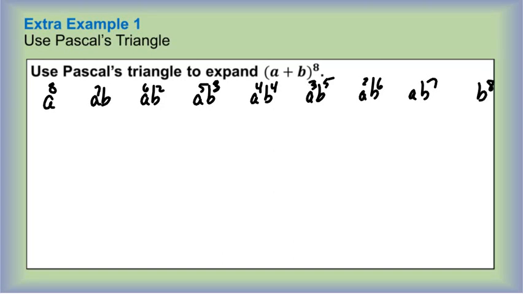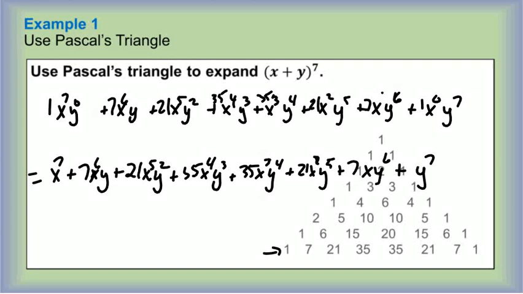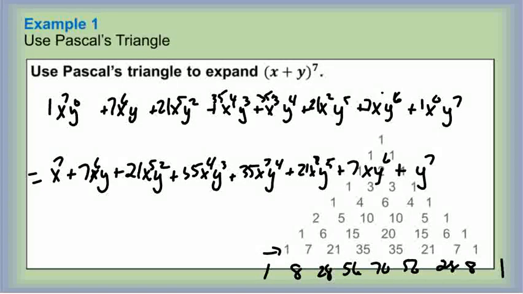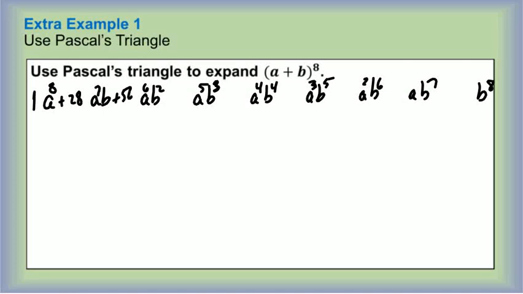Then if I use Pascal's triangle, if I go back to the previous one, if I add these, so this is 1, so we got 8, 28, 56, 70, 56, 28, 8, and 1.